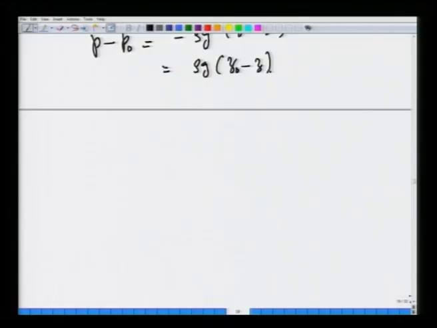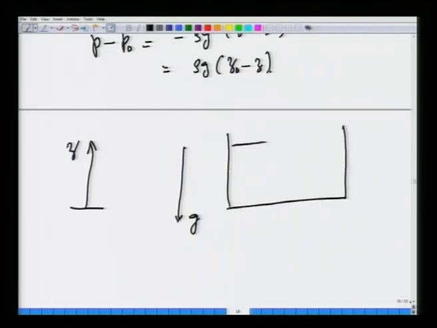Now, the way we have done the problem, z is pointing up and gravity is pointing in the opposite direction. Suppose you have a trough of water, and there is a free surface. This is water, and here it is air, where the pressure is atmospheric.